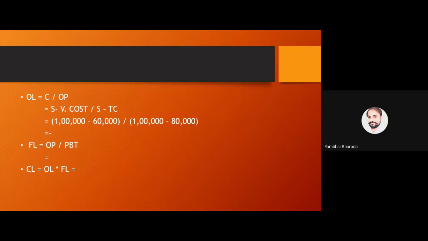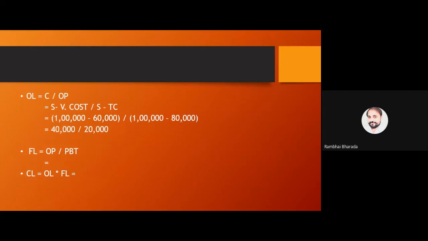So 1 lakh minus 60, 40,000 upon 20,000. Your final answer will be 2.